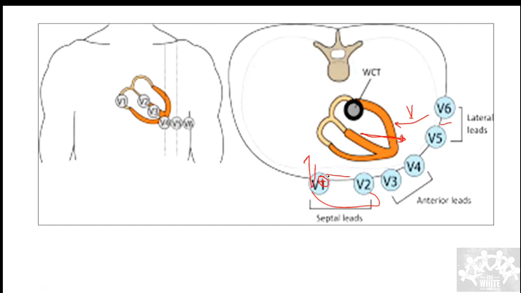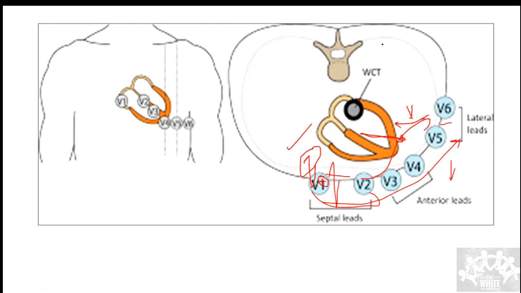So we saw this, correct? Now, can I say that as I'm going from V1 to V6, my R wave is going to increase, and as I go from V1 to V6, my S wave is going to reduce? You understood this?